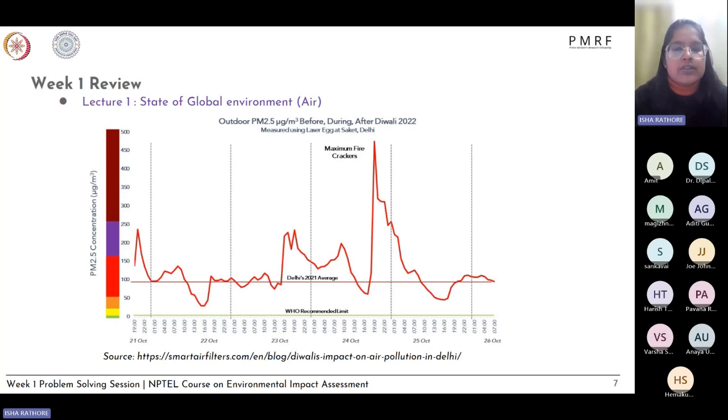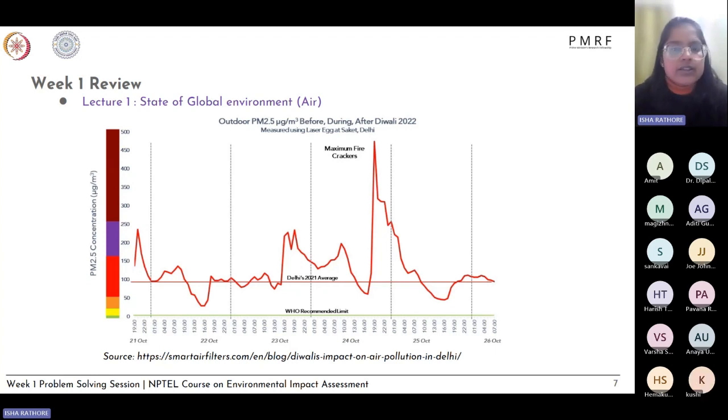This data is from 2022, and we see an increase in the concentration of the pollutant PM 2.5, which is caused by firecrackers. So you can see the concentration of the pollutant increase, which corresponds to air quality decrease during the week in which Diwali is observed.